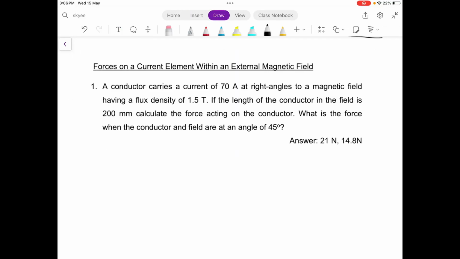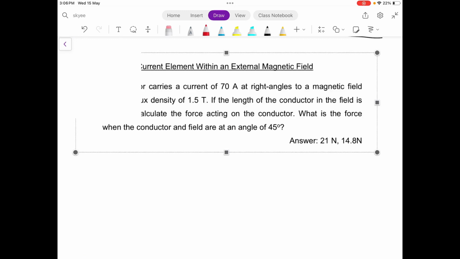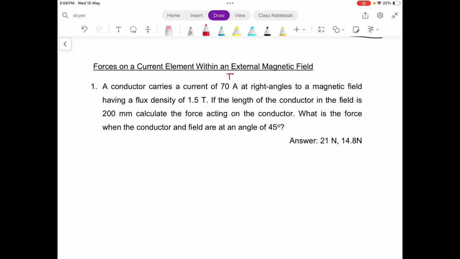Right, so now you have a conductor that carries a current of 70 amperes at right angle. What's the meaning of right angle? It means the direction of the current element makes an angle of 90 degrees to a magnetic field, with magnetic flux density B of 1.5 Tesla.